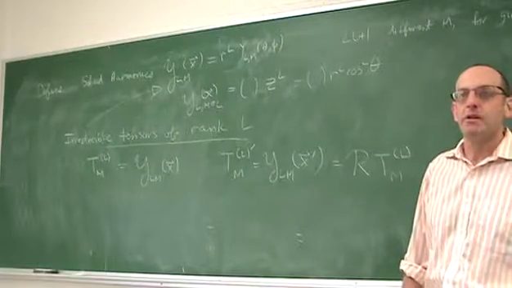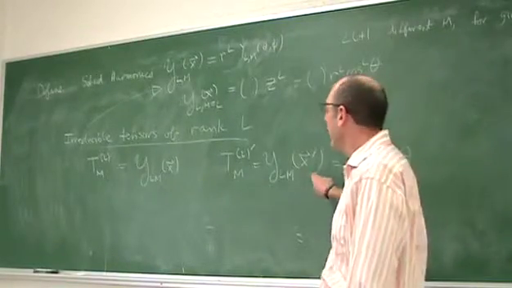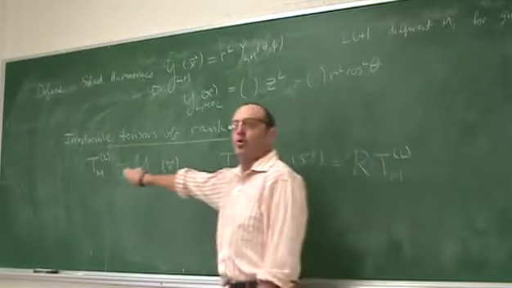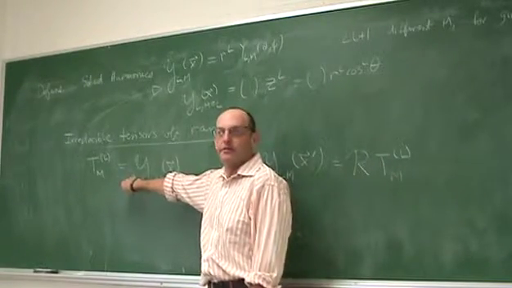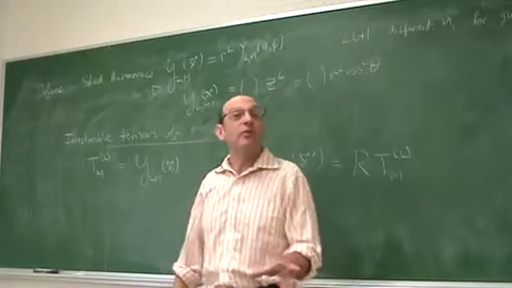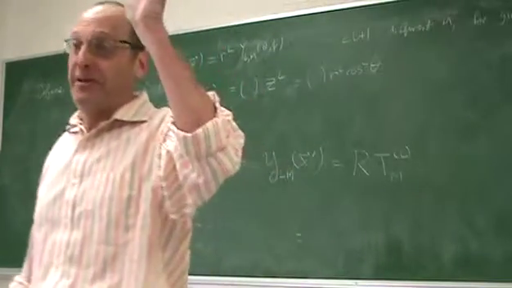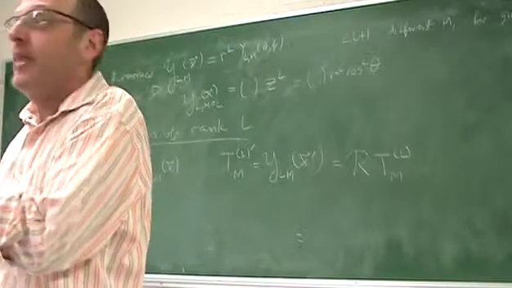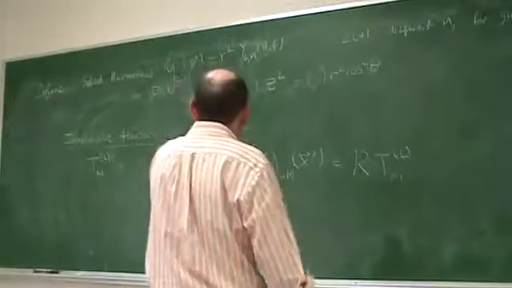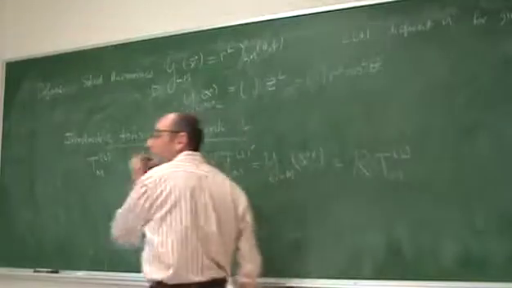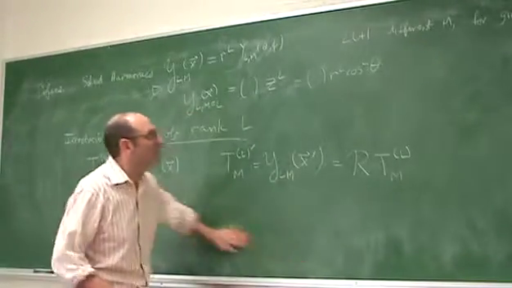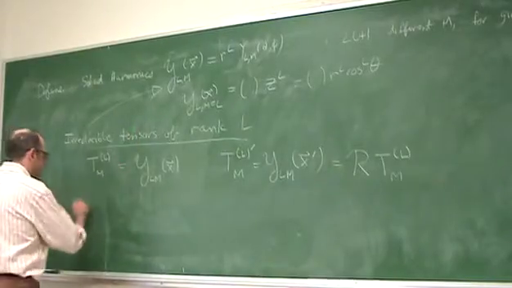So how are these components related to these components? They're not related by that SO(3) matrix anymore. How are these polynomials related to the original polynomials? Well, we can find that by noting the following.